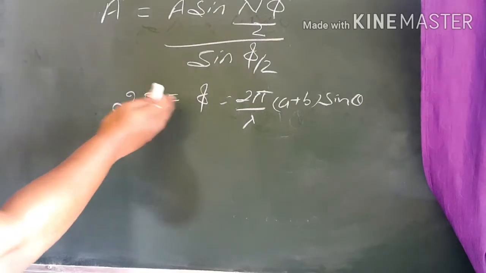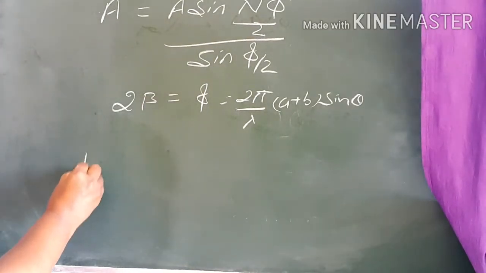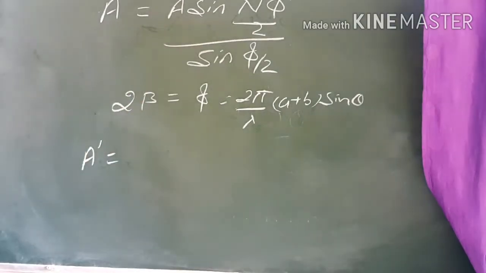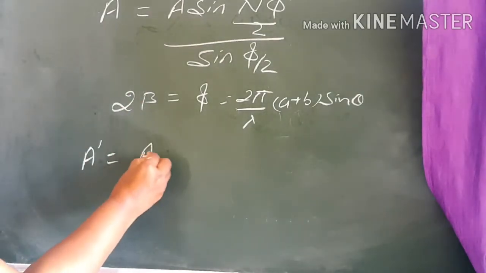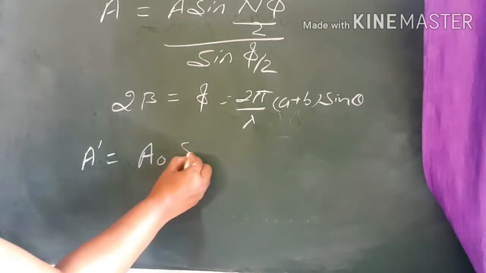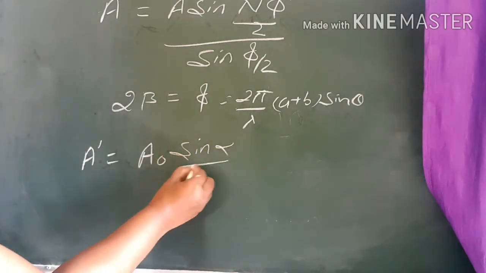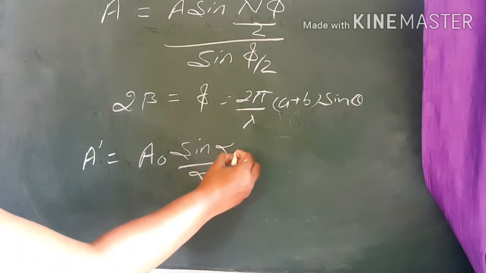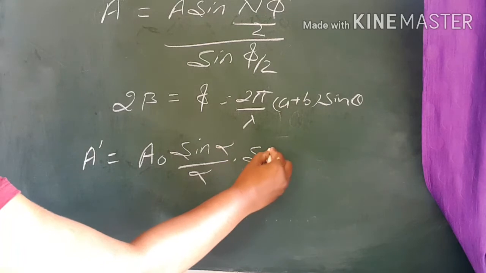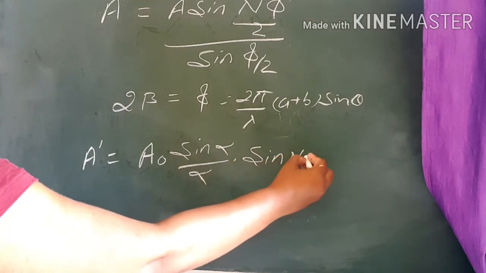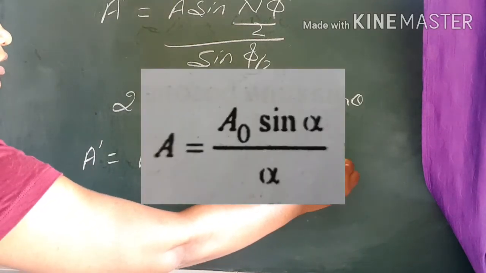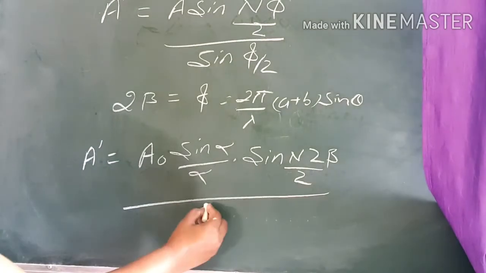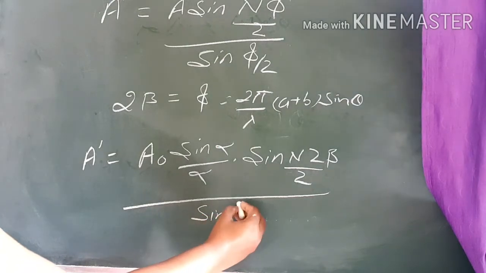Now putting the value of phi, we have A dash equal to, and also the value of A, which is A naught sin alpha by alpha. Now putting the value of phi: sin n phi by 2, with phi equal to 2 beta, divided by 2, and sin phi by 2 with phi equal to 2 beta.